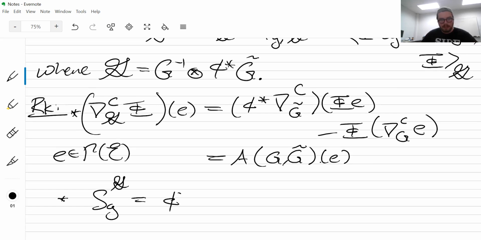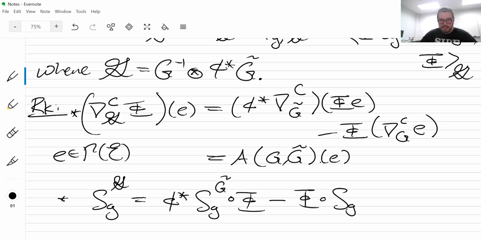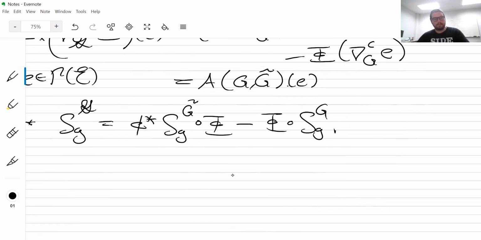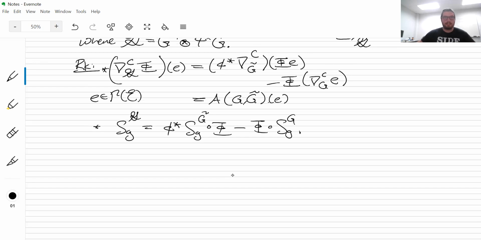Yeah, so it should be this guy: G tilde composed with phi minus phi composed with SG, as an equation of endomorphisms of E star tensor the pullback of F. Okay, with this stuff in hand, it becomes pretty clear that this is just a special case of the classical Schwartz lemma. All right. So this is a useful lemma for us.